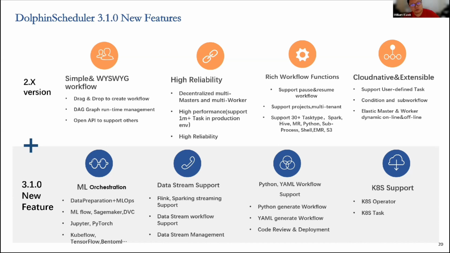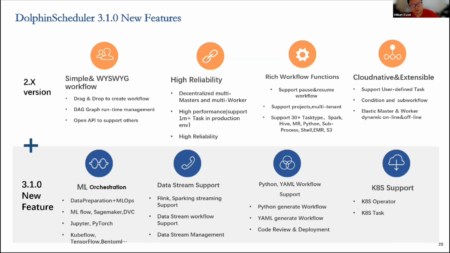The second feature we call data stream support. That means you can not only support batch data orchestration, but also use DolphinScheduler to handle Flink and Spark streaming in one orchestration platform. We can also manage the data stream in DolphinScheduler.